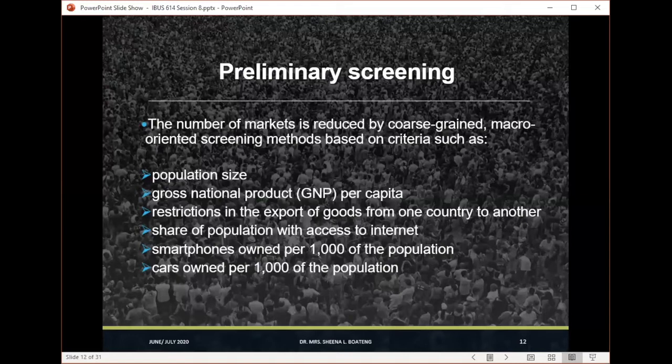Now, under preliminary screening, like I said, the number of markets are reduced by coarse-grained analysis, where we look at mainly macro-oriented screening issues and criteria. Like for instance, you look at the population size and you let it guide you in terms of the breakdown of the population, depending on the kind of product that you are selling.